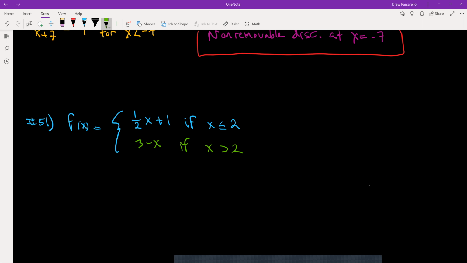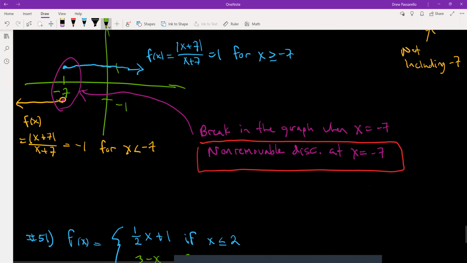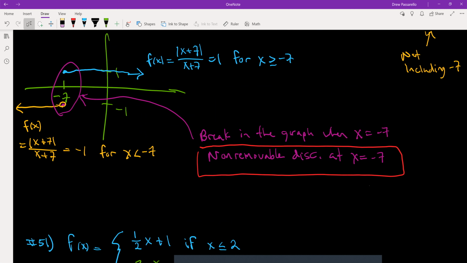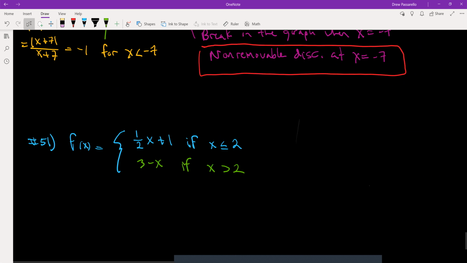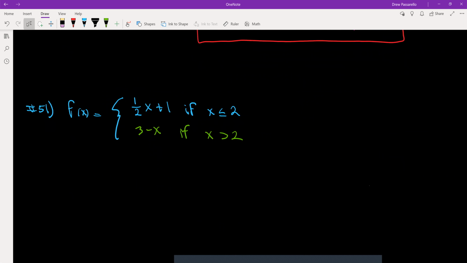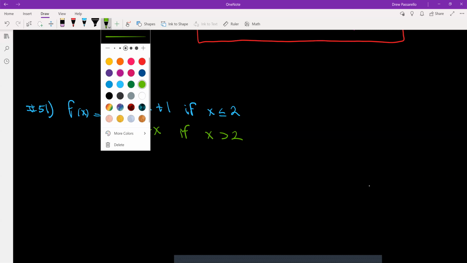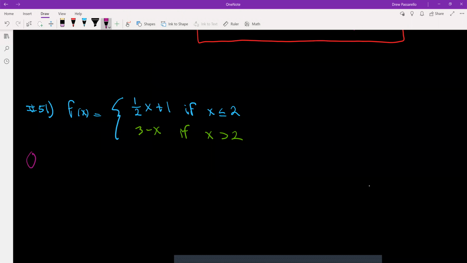Now, like with the absolute value function, where there was a break in the graph that occurred at -7, the question is: is there a break in the graph for this one? So I'm asking, is there a break in the graph at 2 in this case?